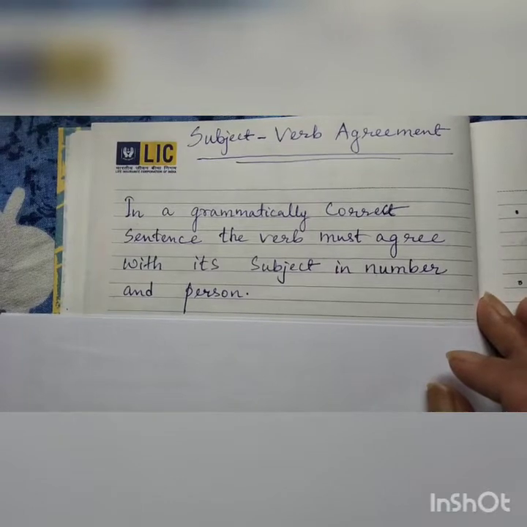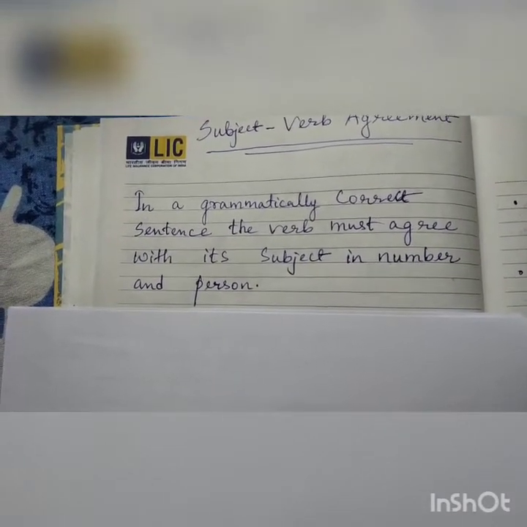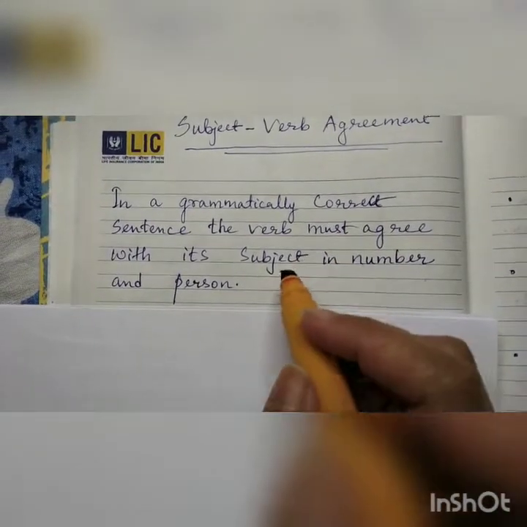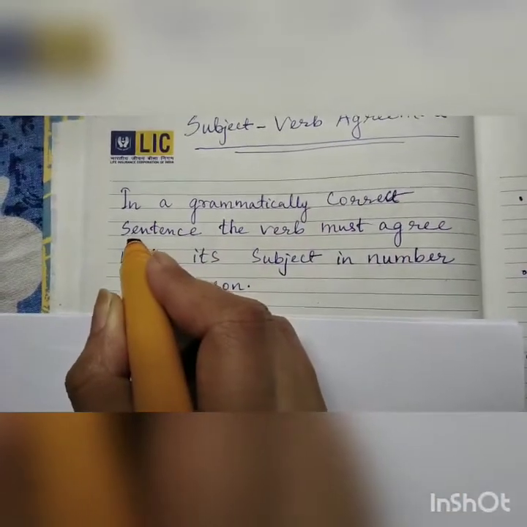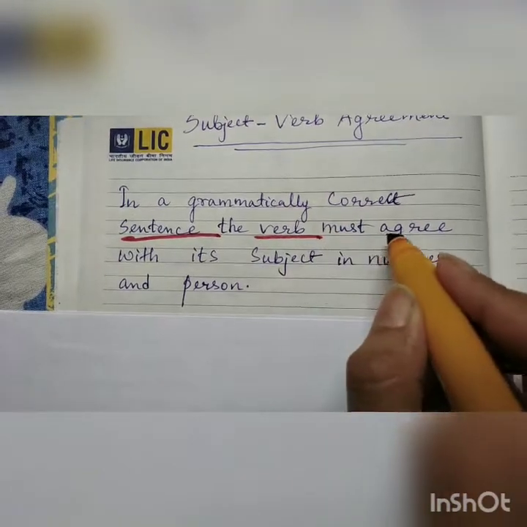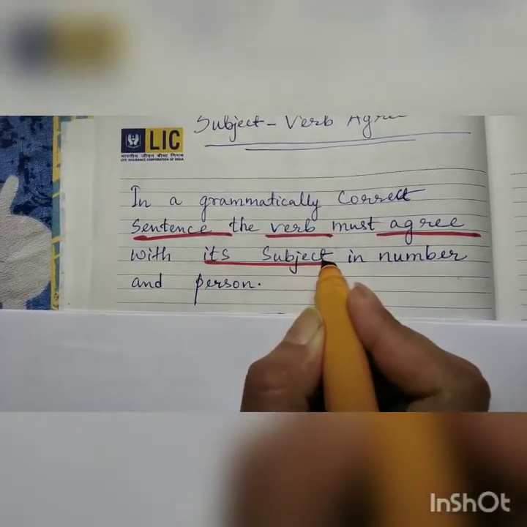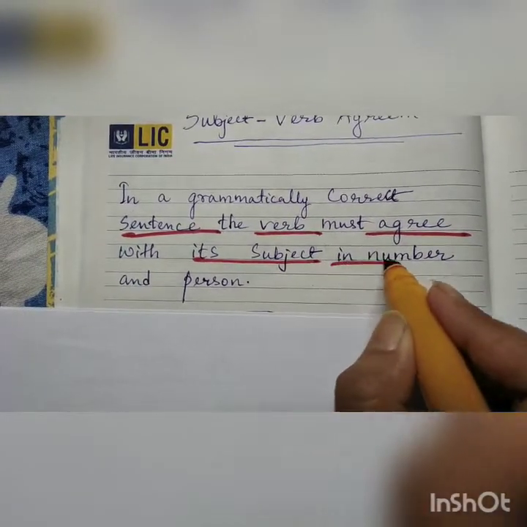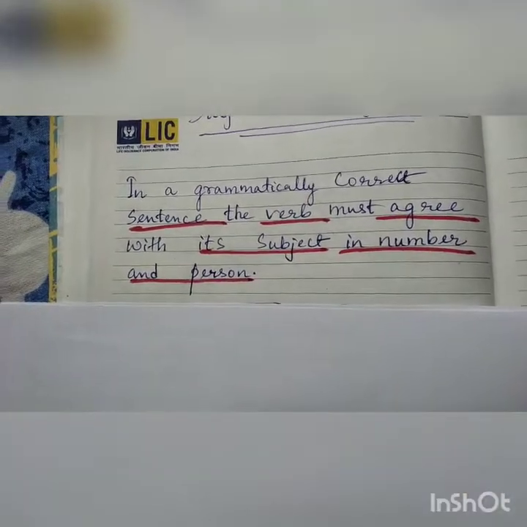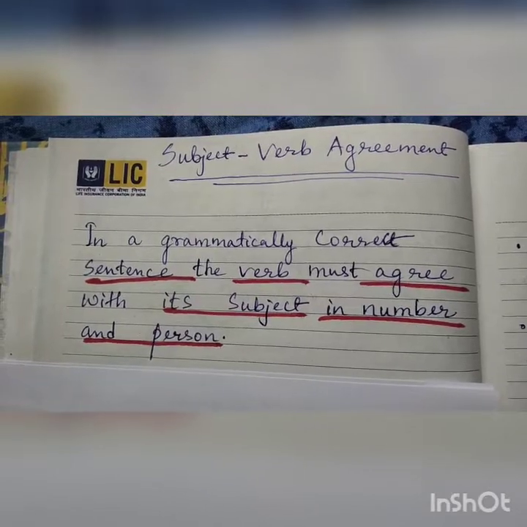In a grammatically correct sentence, the verb must agree with its subject in number and in person. So this is the basic rule related to subject-verb agreement.